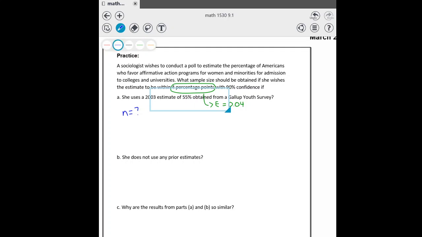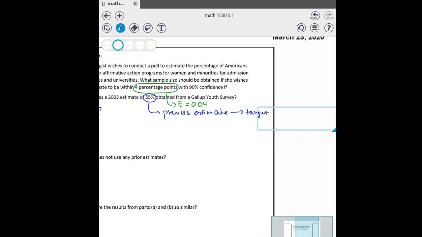In MyLabs Plus, they usually call this a previous estimate, and StatCrunch is going to call that the target proportion.